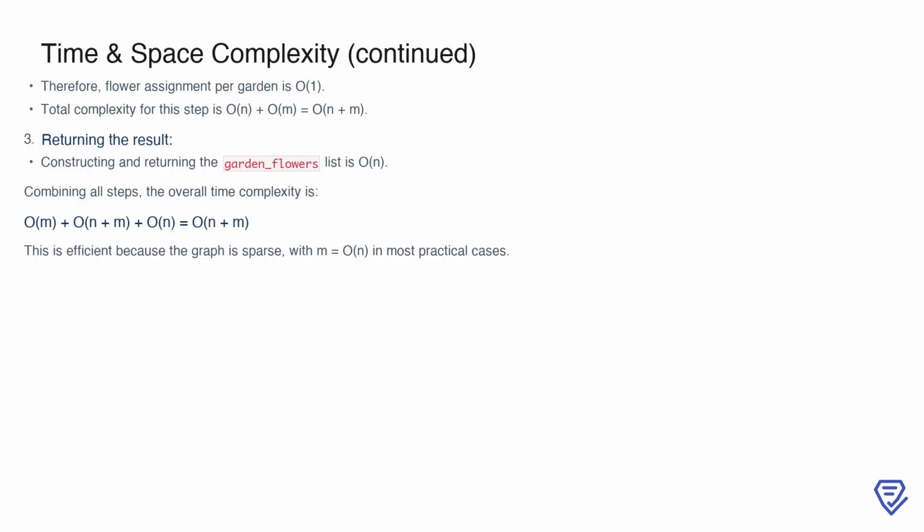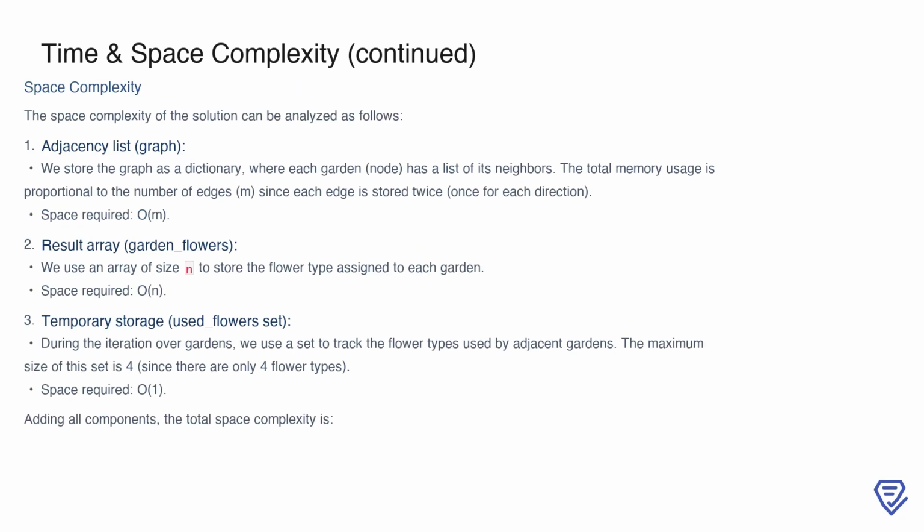for large inputs. Let's analyze the space complexity of this solution. First, we store the graph as an adjacency list, where each garden has a list of its neighbors. Since each edge is stored twice, the space required for this is O(m). Next, we use the garden_flowers array to store the flower assignments for all n gardens, which requires O(n) space.